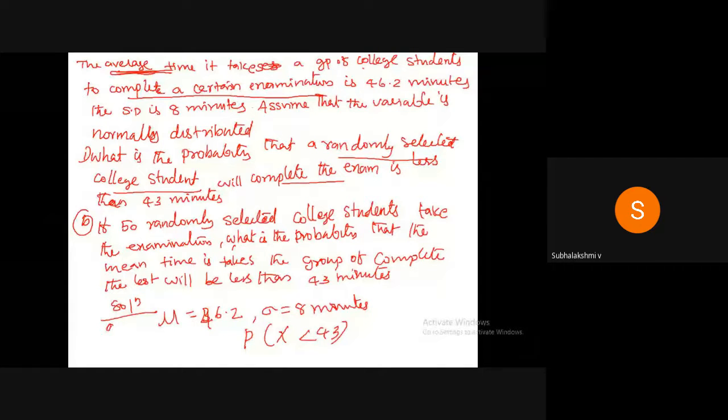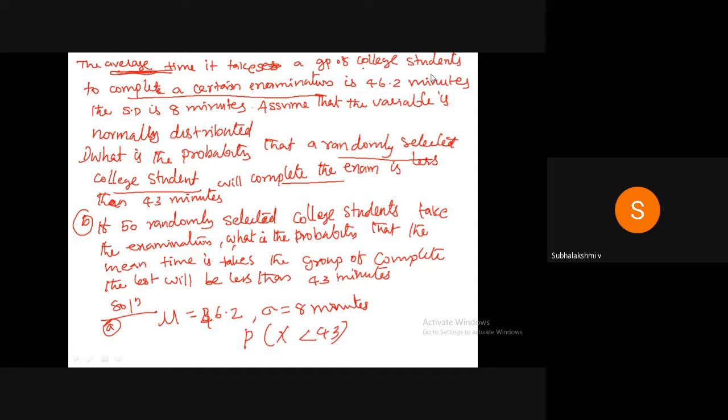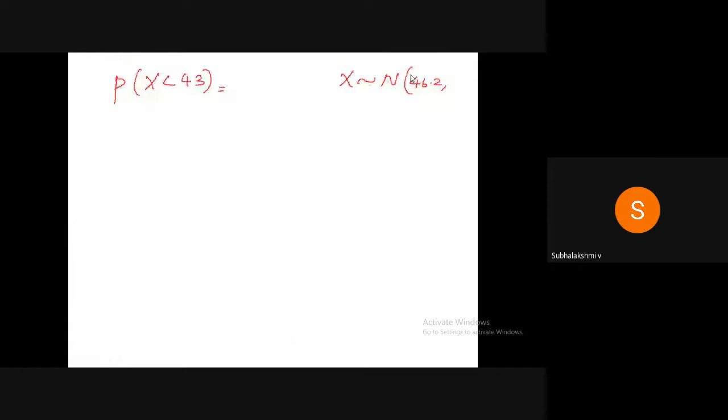First question. By using the standard normal form: given that X follows a normal distribution with mean mu equal to 46.2 and standard deviation sigma equal to 8, the probability of x less than 43 is the probability of (x minus mu) divided by sigma less than (43 minus mu) divided by sigma.